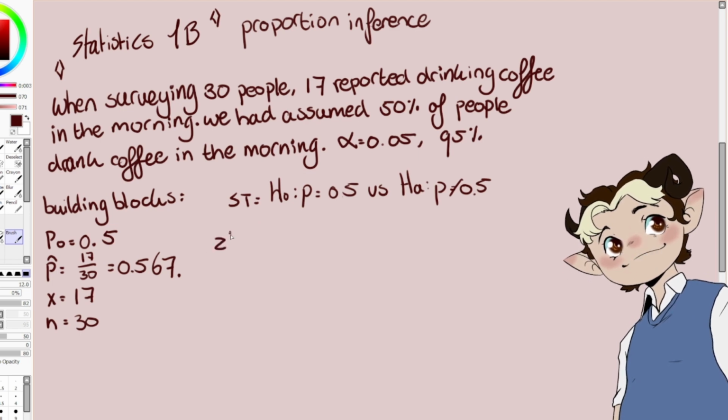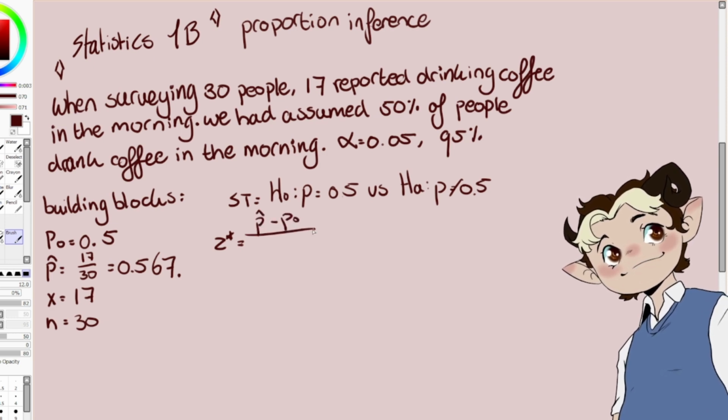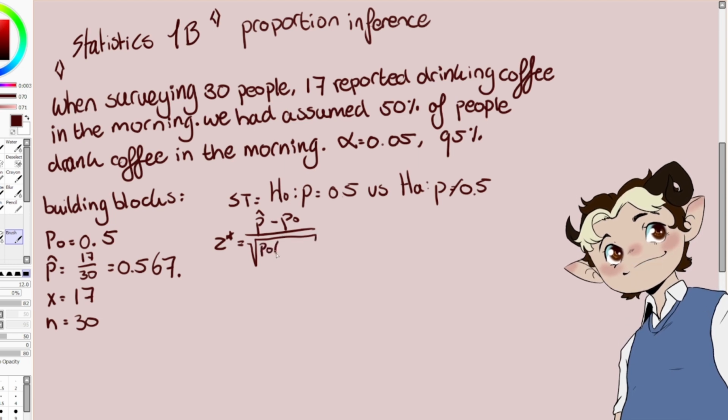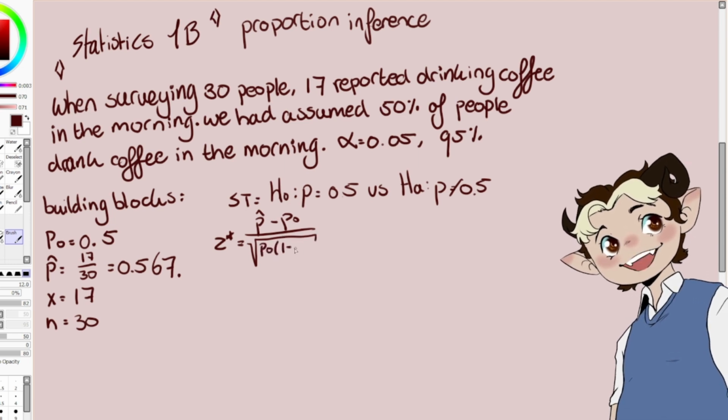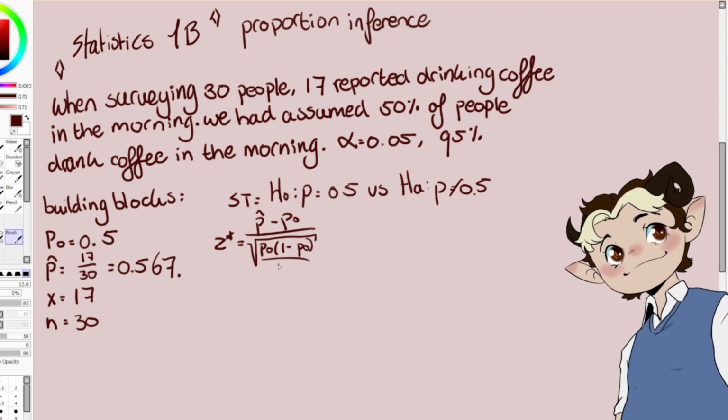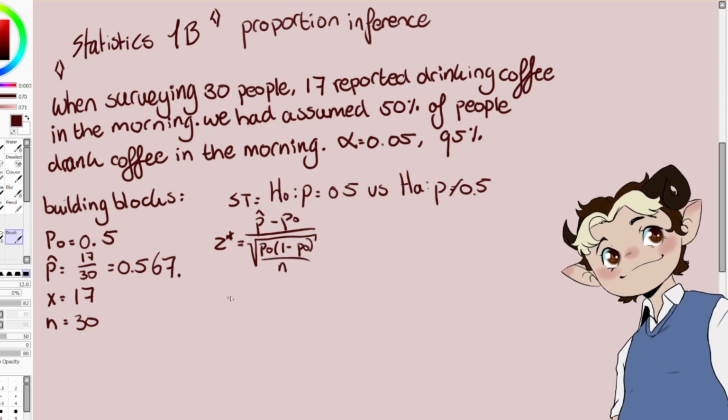So remember our formula, which was z is p hat minus p null divided by the square root of p null times 1 minus p null divided by n. So let's plug in those numbers.